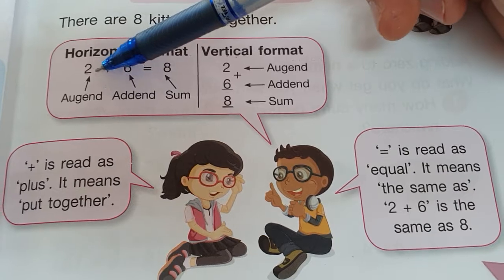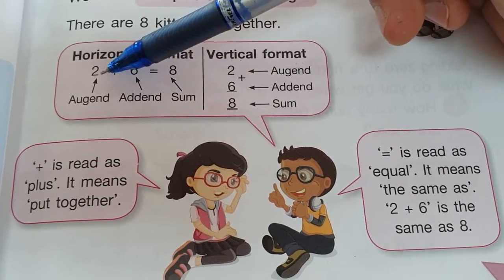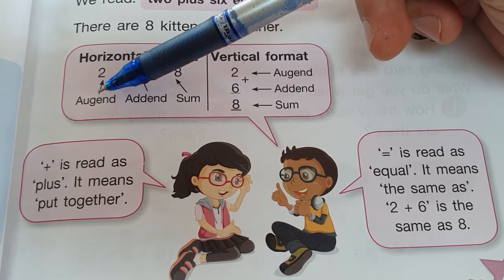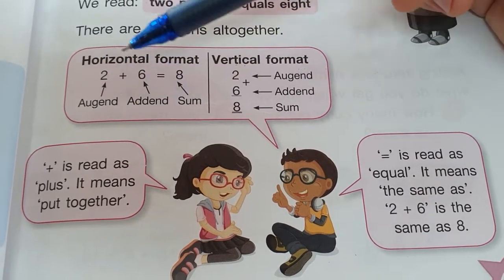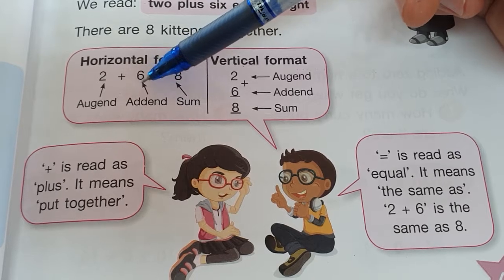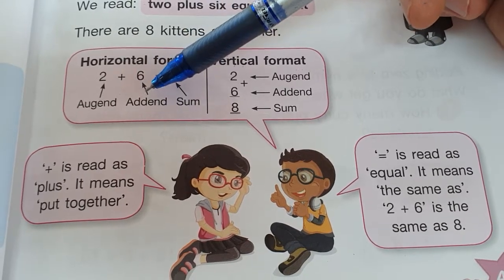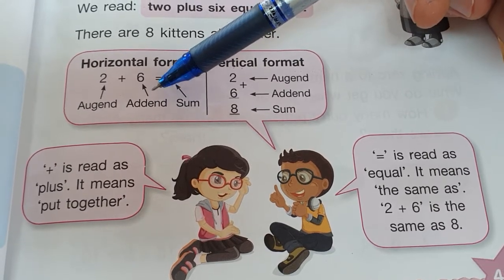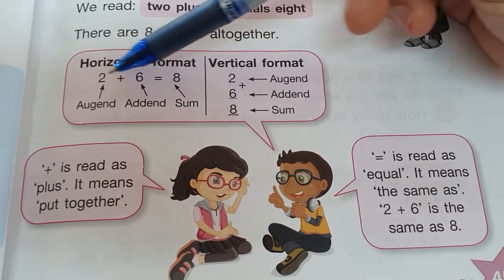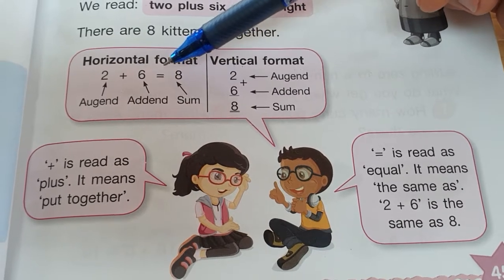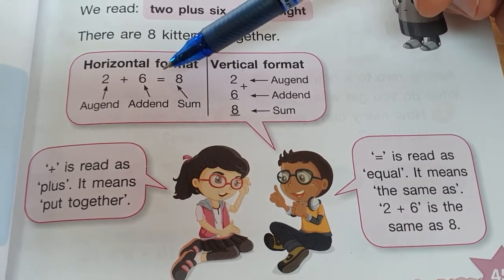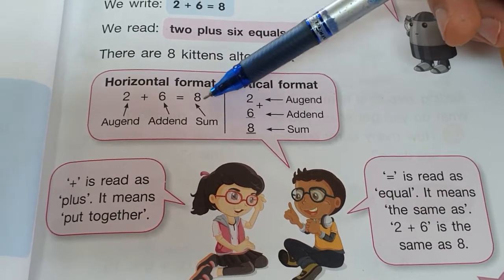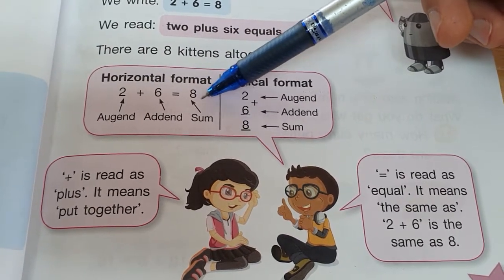So this number can be any number, but the first number is called augend. And then the second number, the number that you add, that's called addend. And then the total of these two numbers, or 3 numbers, 4 numbers, 5 numbers, depending on the equation, how big it is, how many numbers, the answer is called the sum.